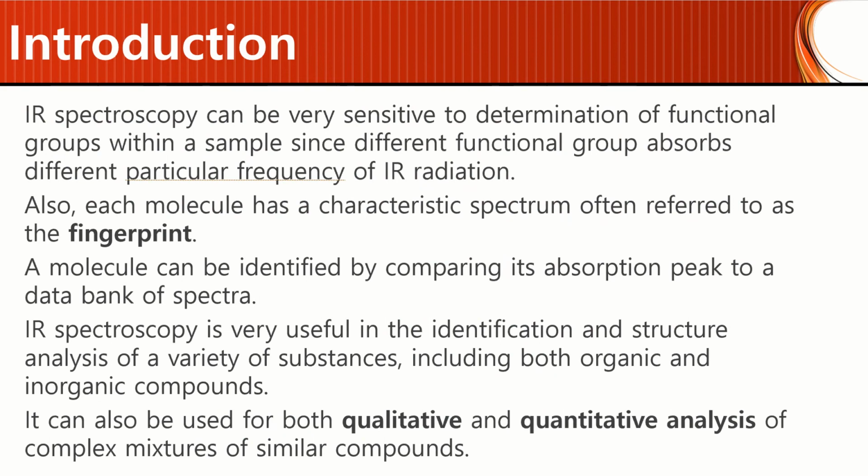A molecule can be identified by comparing its absorption spectrum to a data bank of spectra, which is what I just said. IR spectroscopy is very useful in the identification and structure analysis of a variety of substances, including both organic and inorganic compounds.